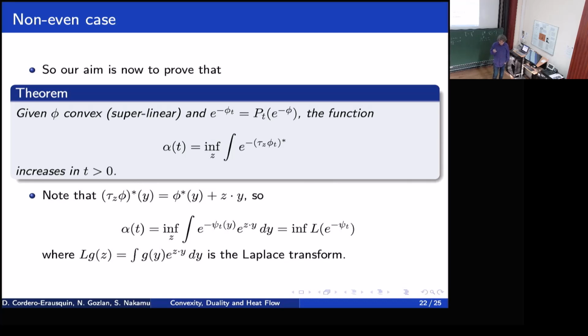This is a very basic idea, but it was used a lot in convex geometry, and I must say, in particular, in the works by Bo'az Klartag, that the role of how a Laplace transform interacts with duality is very important. So here what I'm really looking at is the infimum of the Laplace transform of exponential minus psi_t. In the even case, this was just obtained at 0, so it was just the integral. But here, no. I'm looking at the infimum of this Laplace transform.